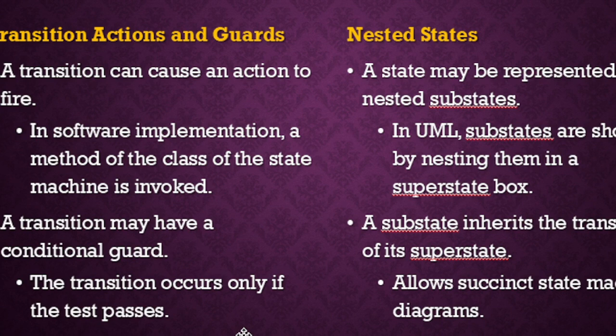A very simple example: if you want to withdraw an amount using an ATM machine, you enter the amount, and if that amount is more than the balance in your account, obviously that transaction will fail. That transaction will not execute, or that transition may not be done.